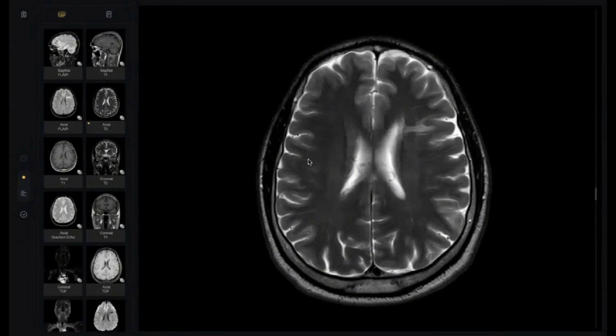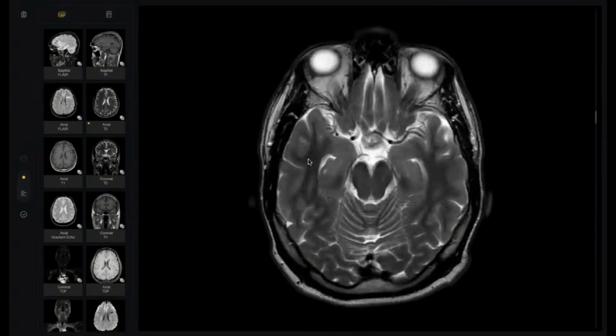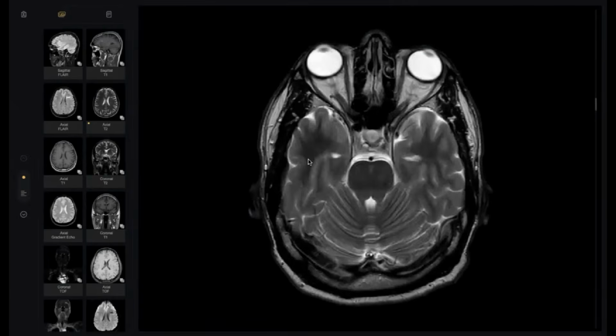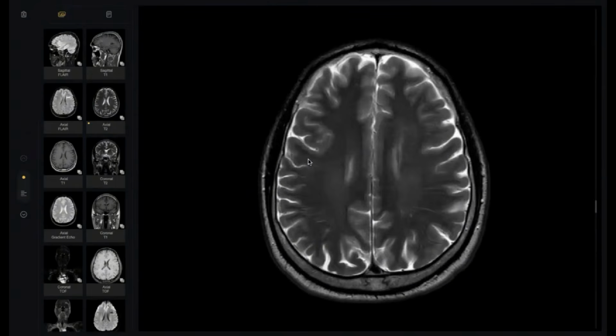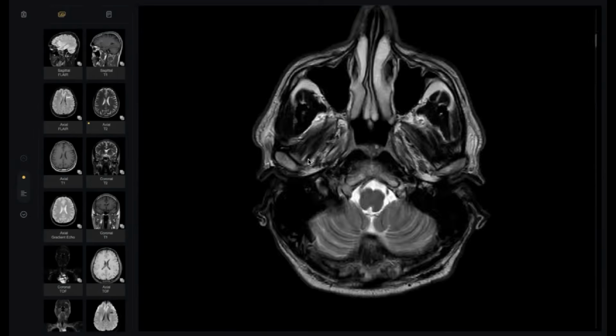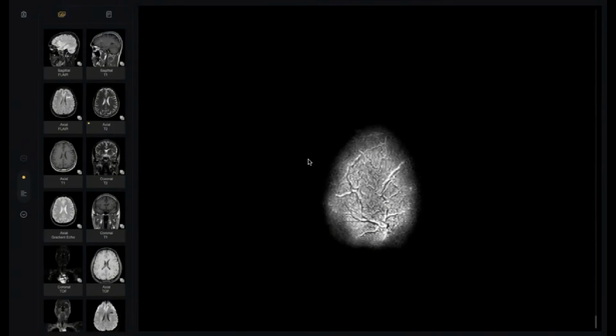Okay, I can appreciate a linear T2 hyperintensity extending from the left lateral ventricle.